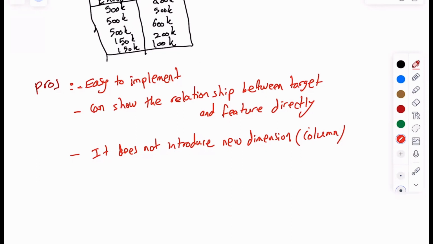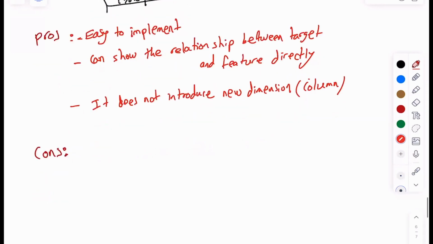So what's the cons then? Easy to overfit. Guys, what do you mean by easy to overfit? What is overfitting? In training, you can achieve a very high accuracy. When you go to testing, you get a very bad or very low accuracy, right? Why is this the case?